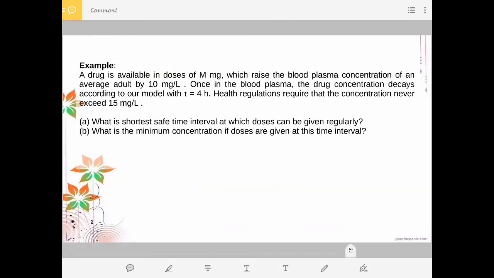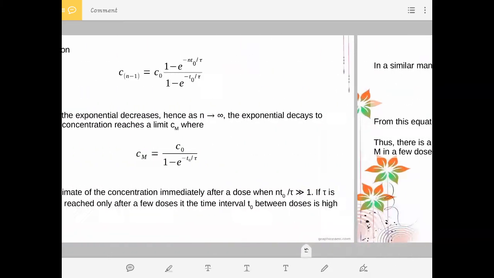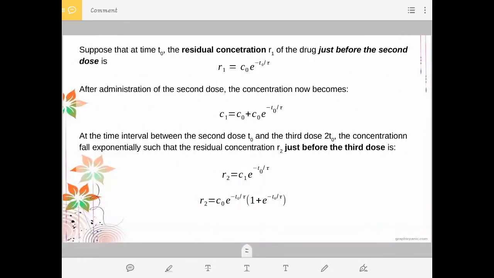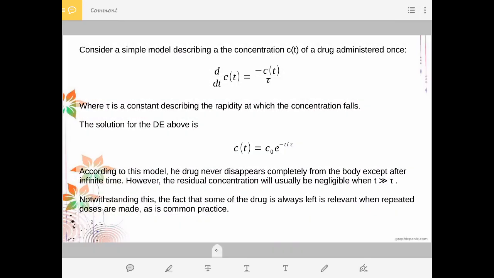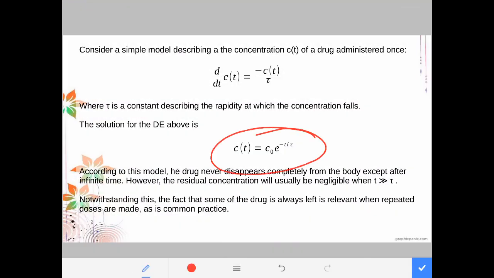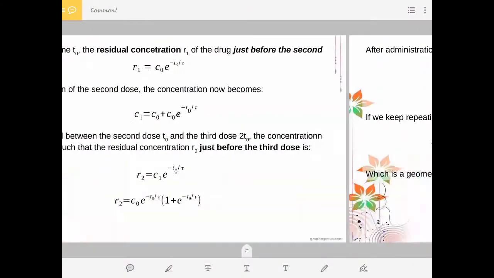So let's say, for example, a drug is available in doses of M milligrams, which raise the blood plasma concentration of an average adult by 10 milligrams per liter. Once in the blood plasma, the drug concentration decays according to our model, this model.